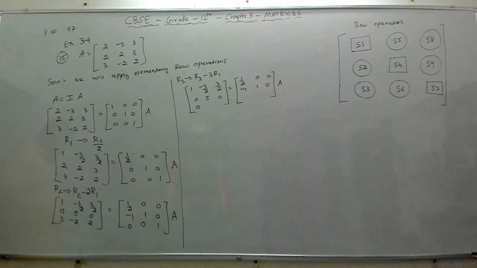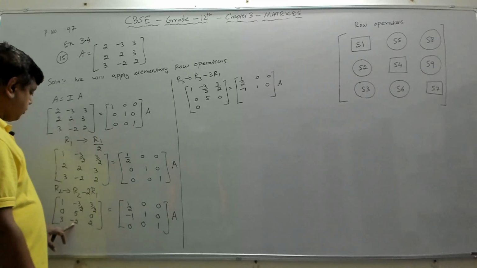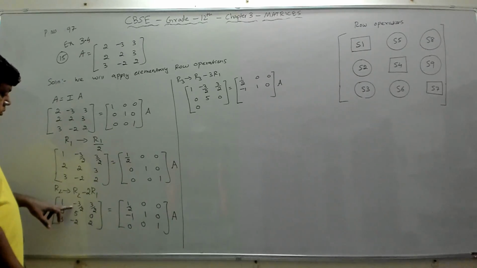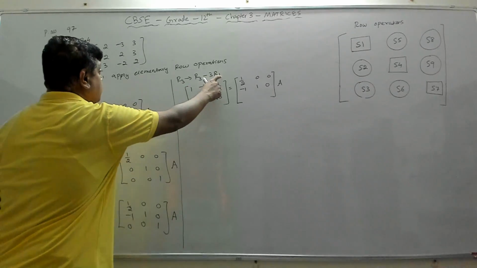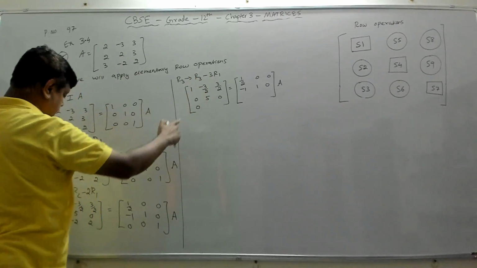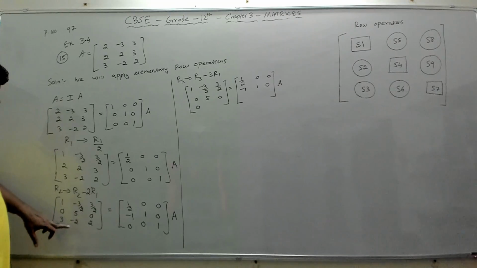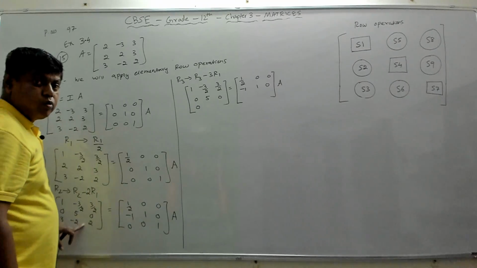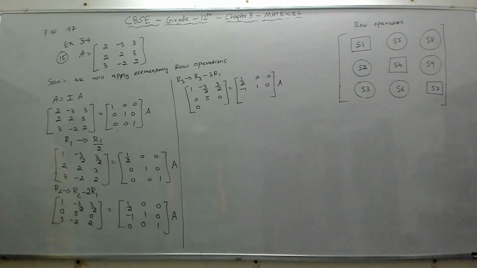Minus into minus 3 is plus 9, so 9 by 2. Minus 2 plus 9 by 2 will give you 5 by 2.